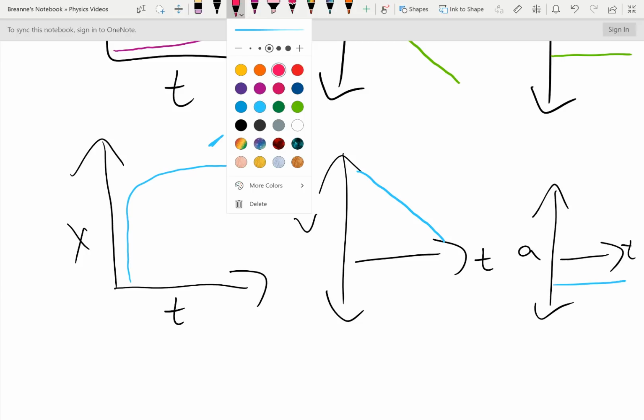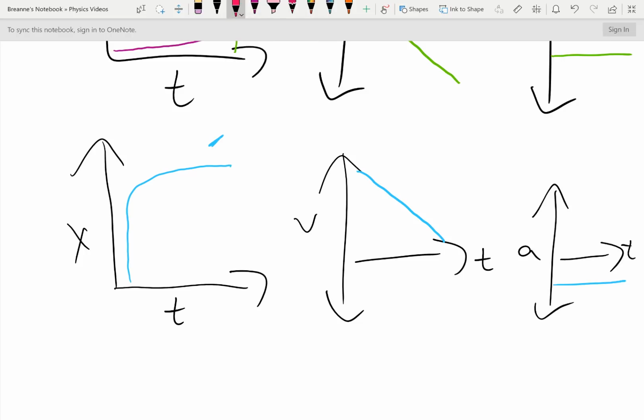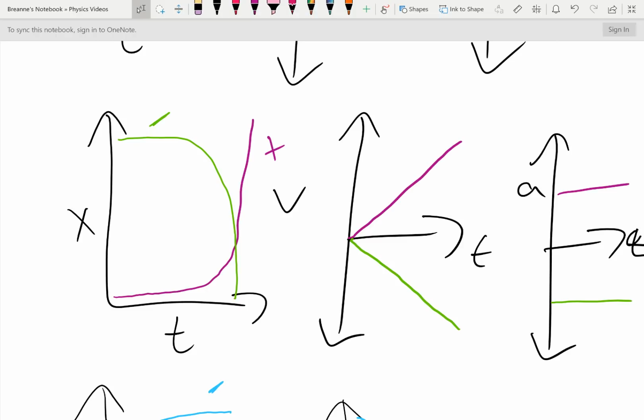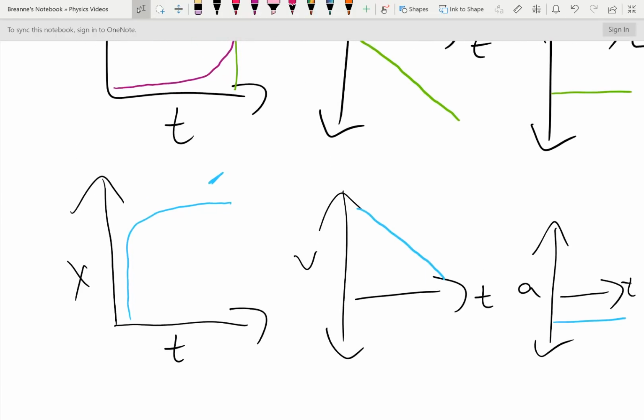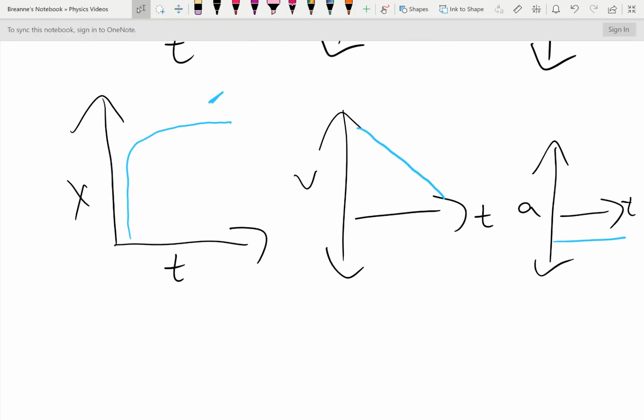Let's do pink. Then your negative acceleration south, that's actually the green one I did. So I'm going back to accelerating in the south. That's when you're heading downward, and you start out fast and you slow down.